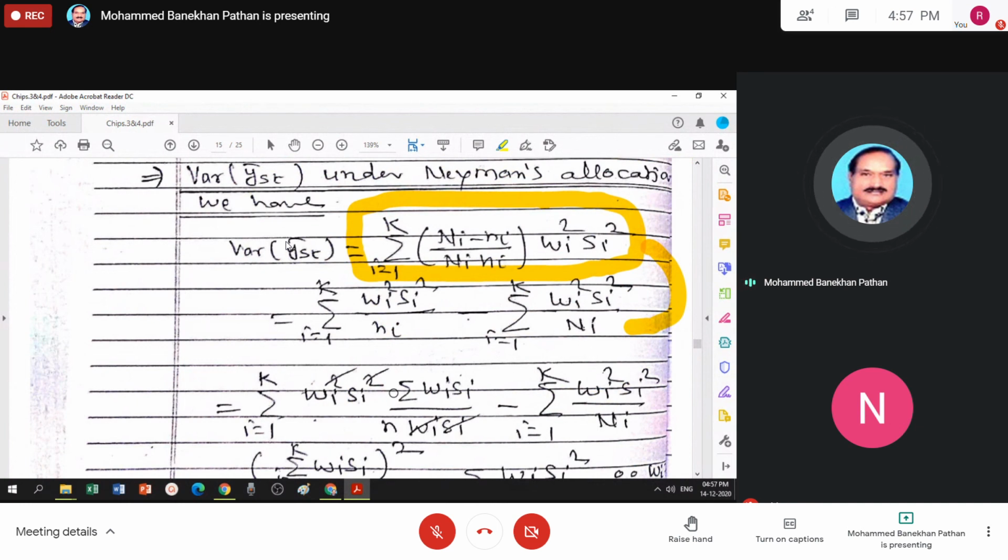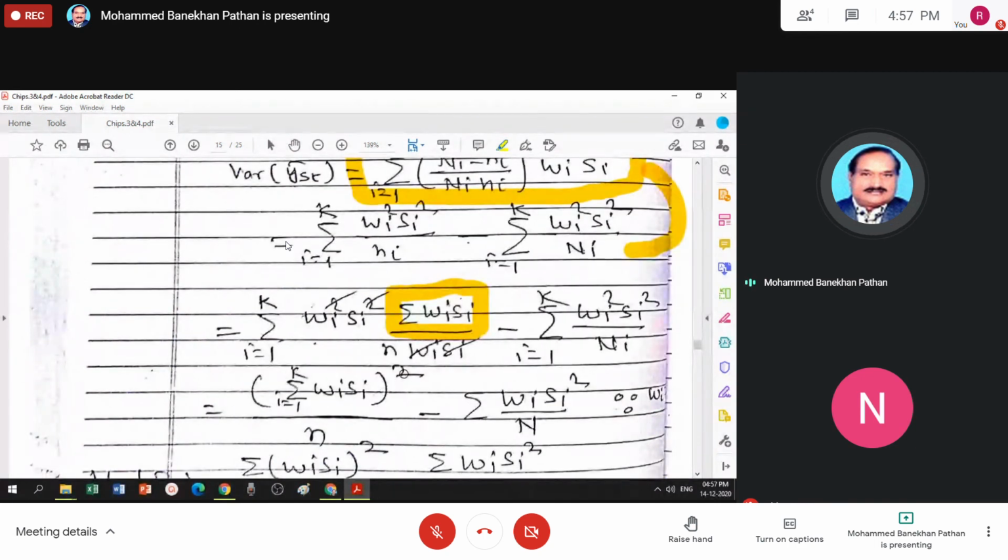These cancel with the square in the numerator. So when I take a summation, it becomes one value. So it is a constant after taking summation. So summation Wisi, again summation Wisi becomes summation Wisi square divided by small n, minus summation Wi.